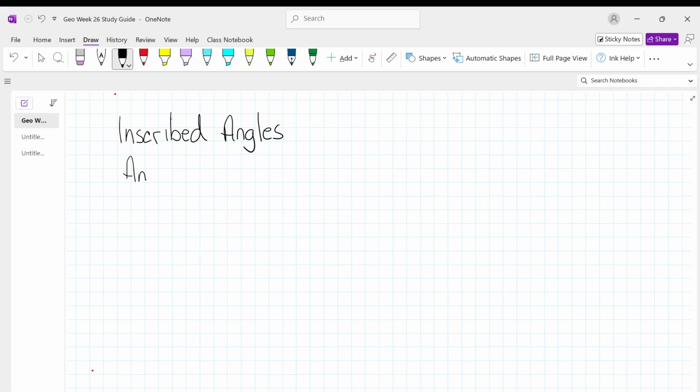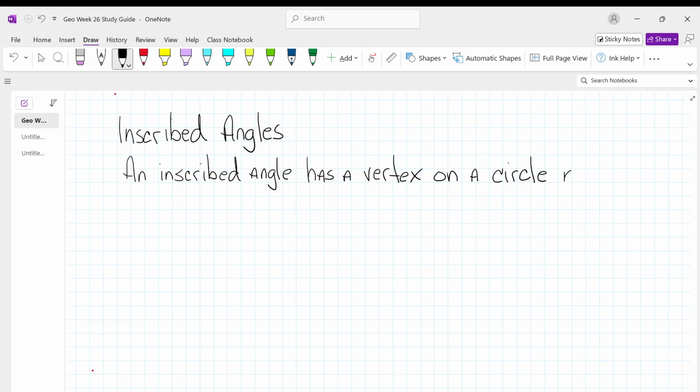And an inscribed angle has a vertex on a circle and sides that contain chords of the circle.